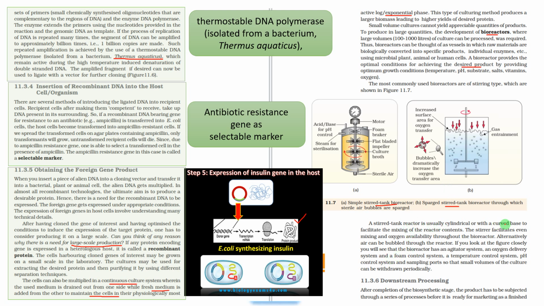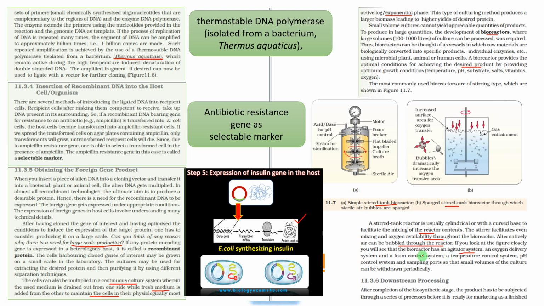A stirred tank bioreactor is cylindrical with a curved base where mixing of reactor contents happens, and the stirring facility facilitates mixing of oxygen throughout the bioreactor. Then air can be bubbled through this reactor, that is a sparged stirred bioreactor with an agitator system, for efficient oxygen delivery and with a temperature control system.